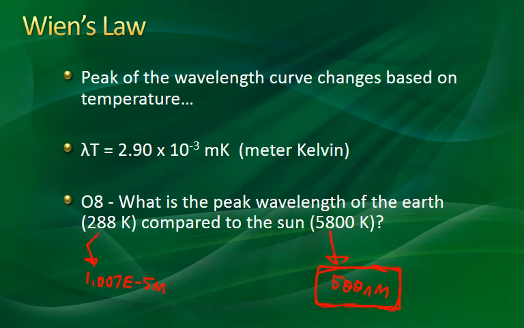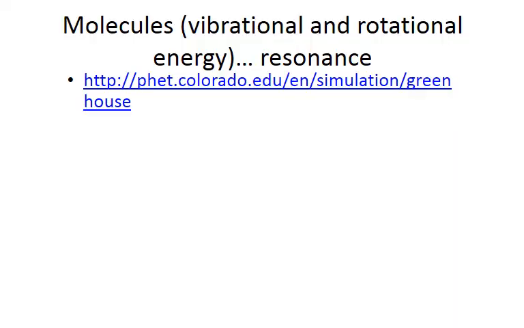If we consider back to Wien's law, what kind of light is coming in, we know that the Earth is radiating out infrared. We're receiving a lot of visible light, and also ultraviolet and infrared as well. That's important to consider as we move forward.